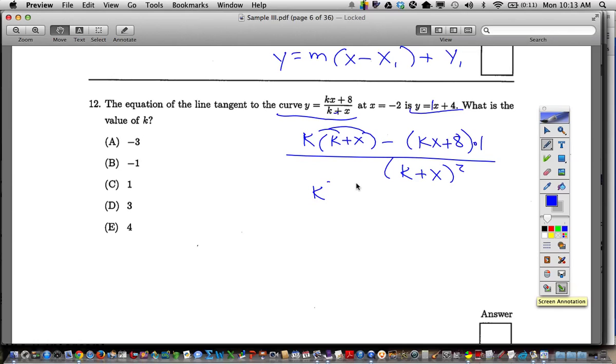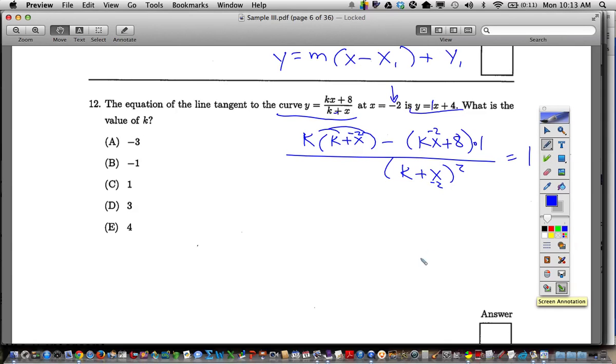Actually, before I get too carried away, there's another piece of information. It's got to equal 1, and when x equals -2, so I can put a -2 in there, and in there, and in there.